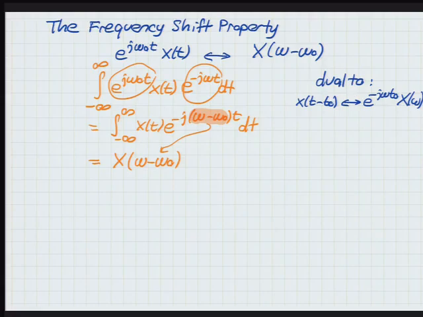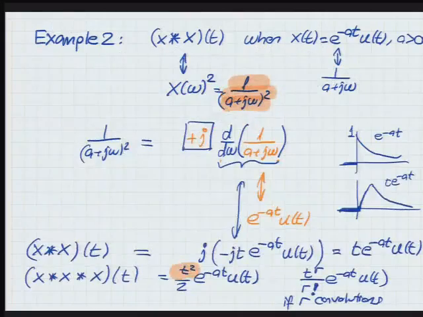Duality is a slightly vague thing. It means that some property that relates the time domain to the frequency domain has an analog that relates frequency to time, right? Examples were derivative properties, right?